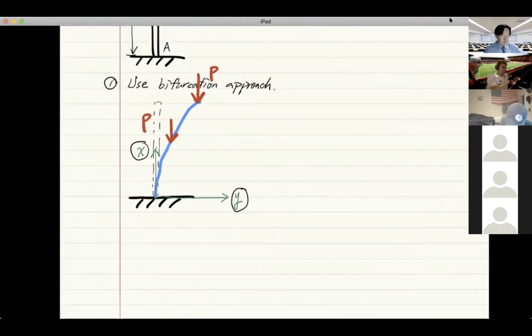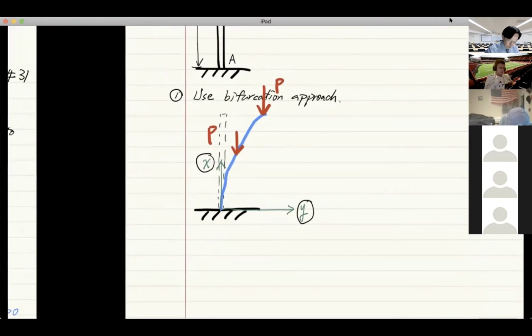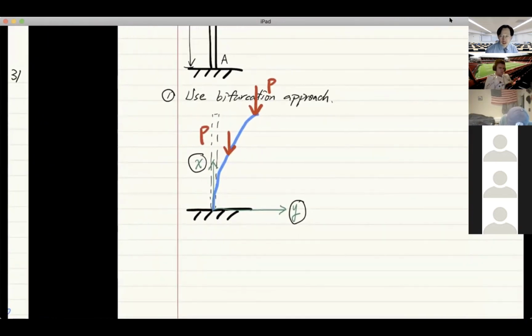Okay, so let's come back to this problem. Now, we defined the profile, and the next thing we do is to cut a free body diagram by looking at only a portion of it. Because we notice that at two different locations, point B and point C, you have a concentrated force acting on this column, we have to cut it into two different parts. That means we need to create two different reference coordinates.